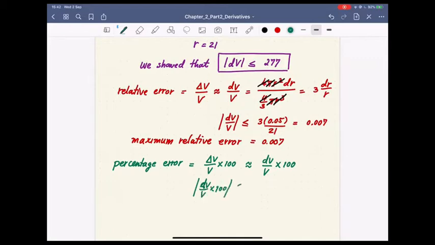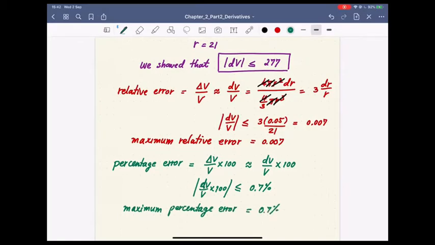For this question, absolute dV over V times 100 is not going to be bigger than 0.7%, because I just keep this number and multiply by 100. So the maximum percentage error is equal to 0.7%.